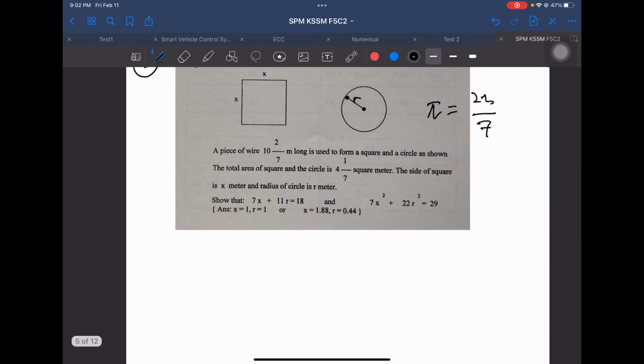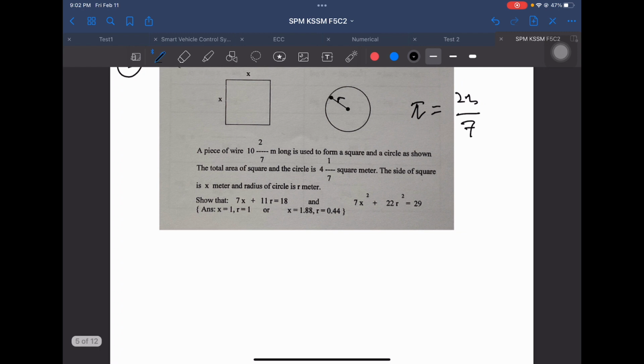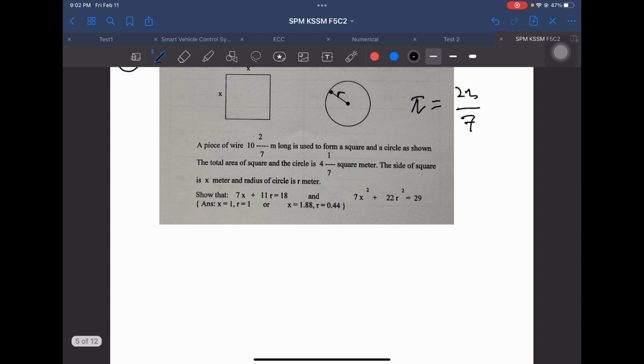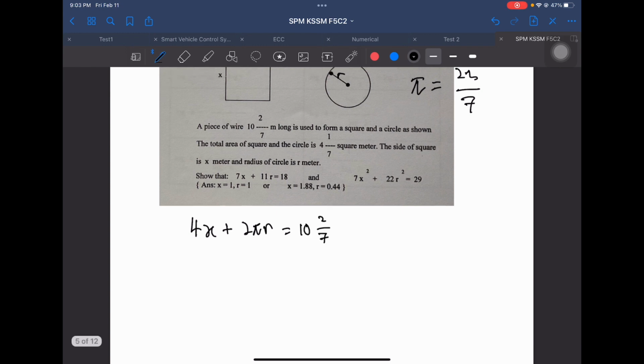Okay, so the first thing to do is to form two equations. From the first sentence, we know that the perimeter of a square is 4x plus the perimeter of a circle 2 pi r equals to 10 and 2/7. So from here we know that 4x plus 2 times 22/7, which is 44/7, r equals to 72/7.